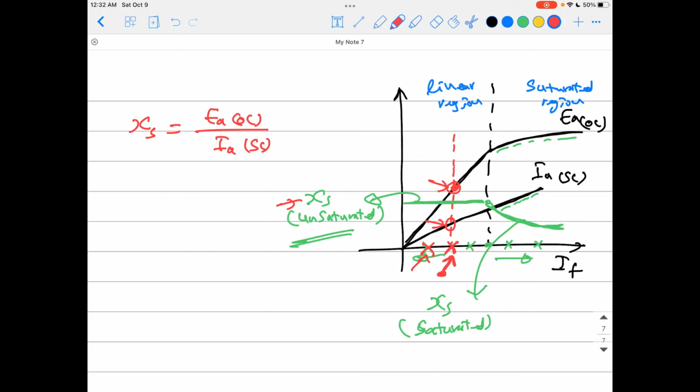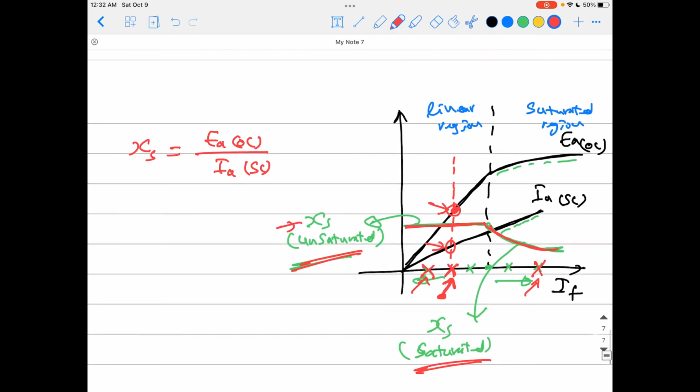It should be the same. But if it is at a high value of IF, in the saturated region, you have to calculate it again, because at this value you are entering the saturated region and XS starts to change, rather than being constant as in the linear region. So keep in mind that we call this XS unsaturated and that XS saturated.